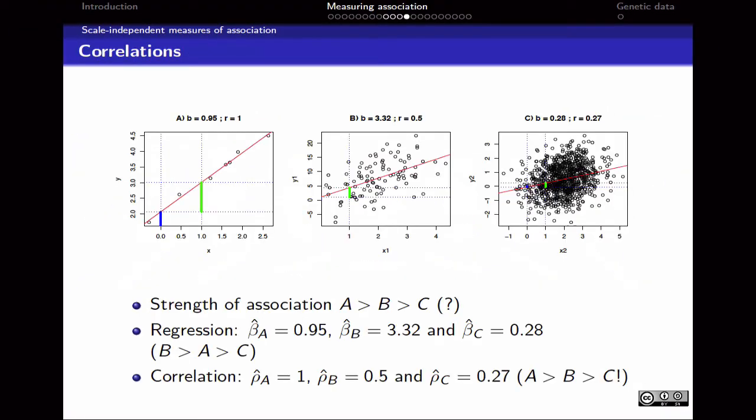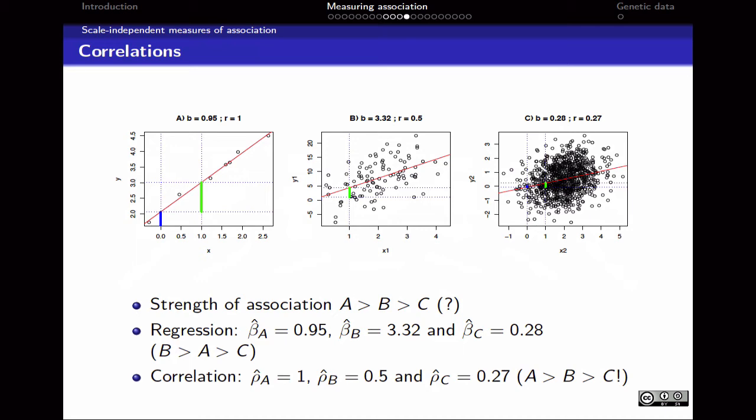So let's look at correlation for our data. As you remember, with the coefficient of regression, the strongest regression was for data presented on panel B, then A, and then C. Now if you look at correlation, for panel A the correlation coefficient is almost 1.